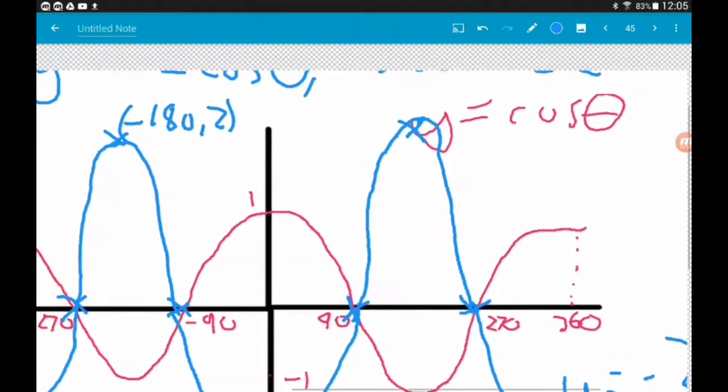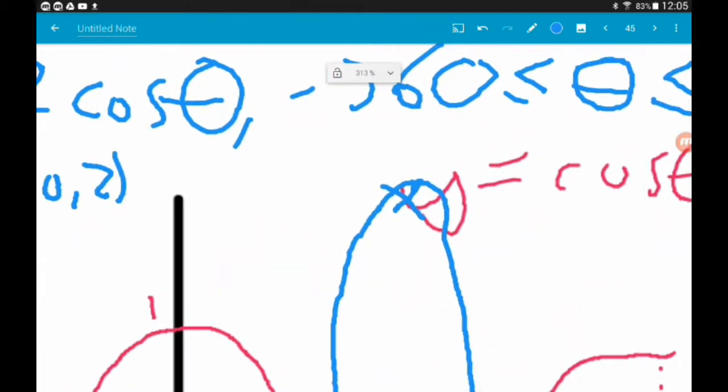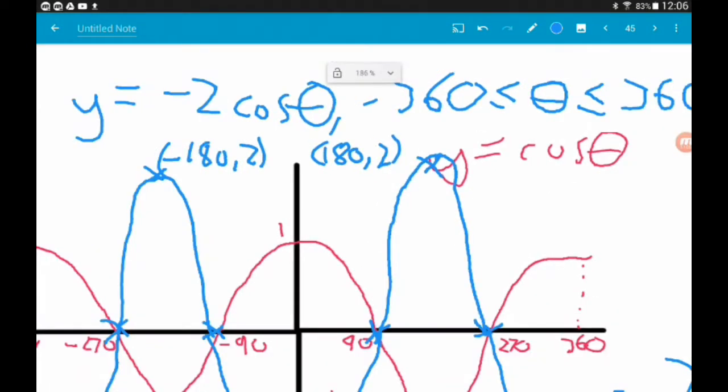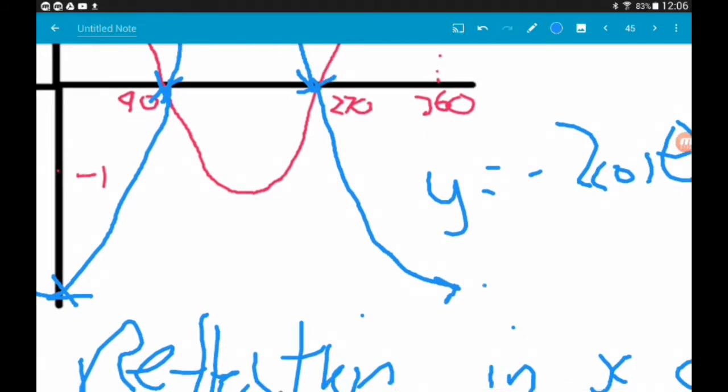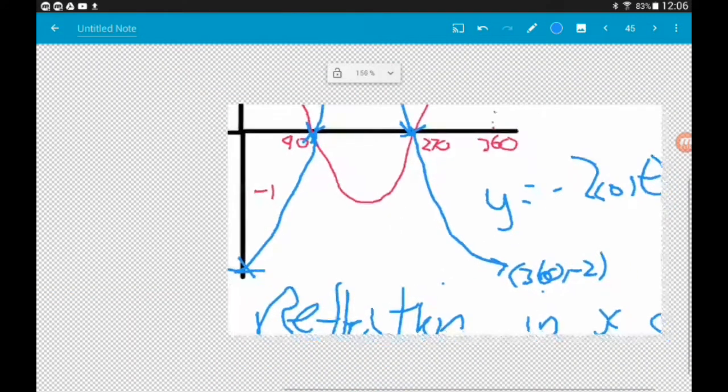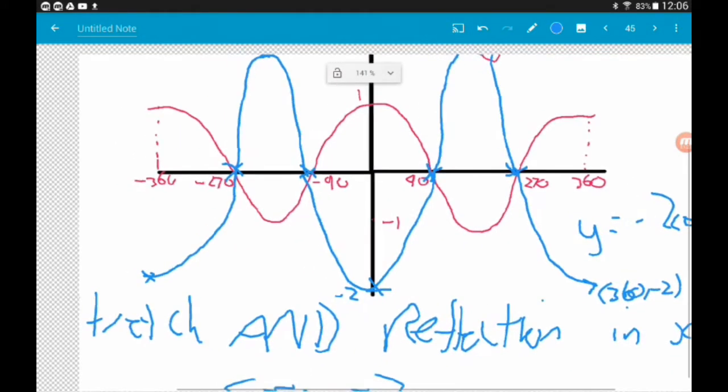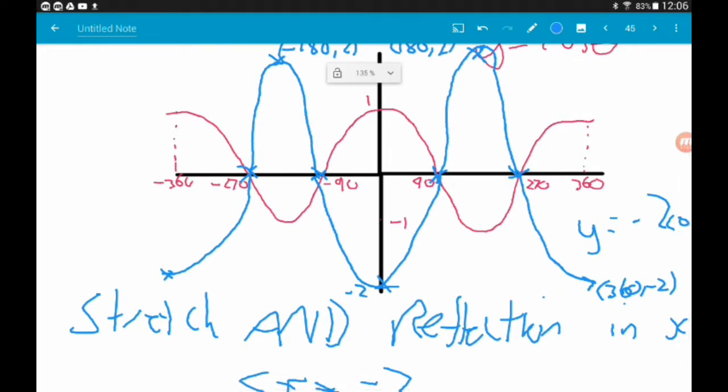This peak over here would be (180, 2), and then this trough down here would be (360, -2). So there's our sketch of -2 cos theta. Good times.